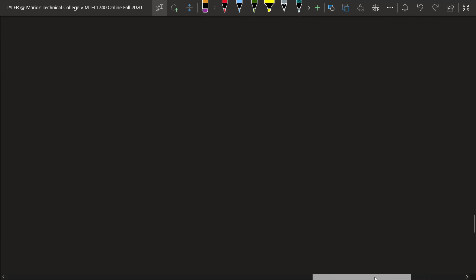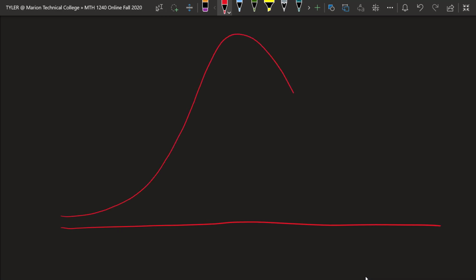So I'm going to make a line and make my bell curve. The important thing to get from this is that right down the center is going to be the mean. So this is mu, the mean.